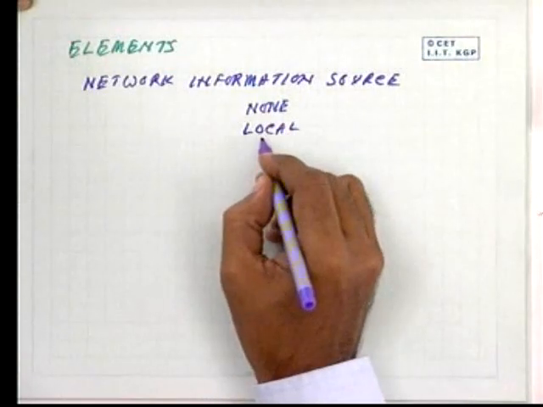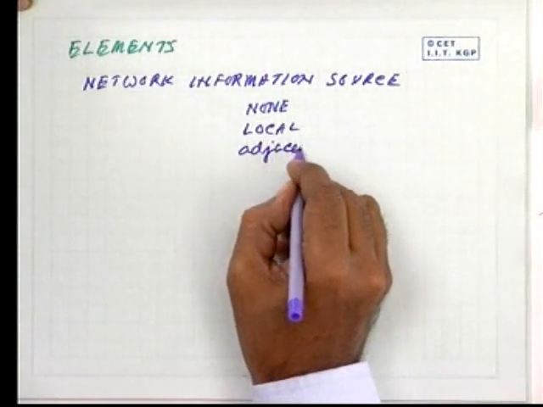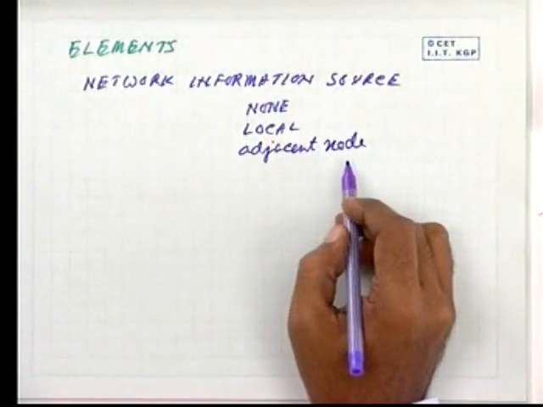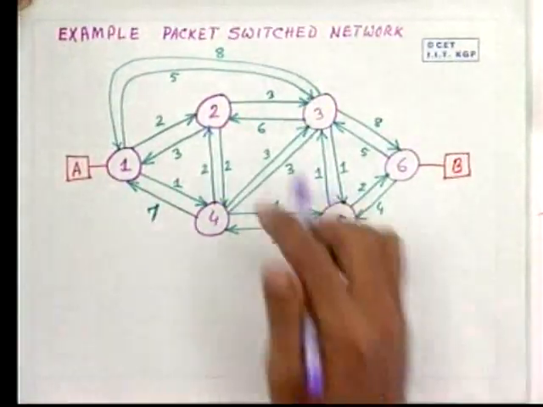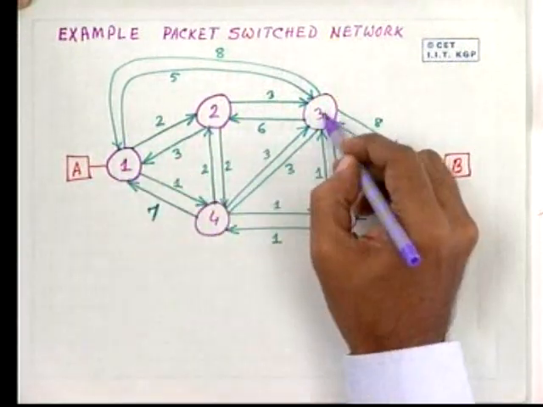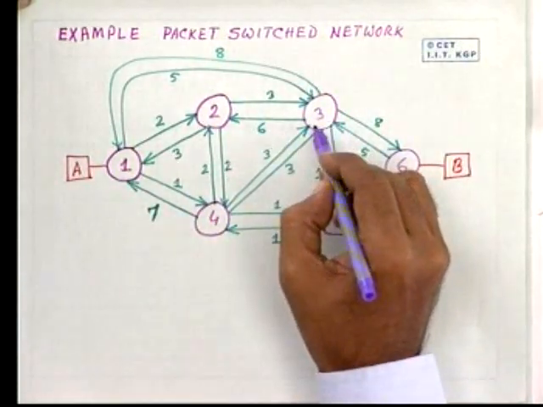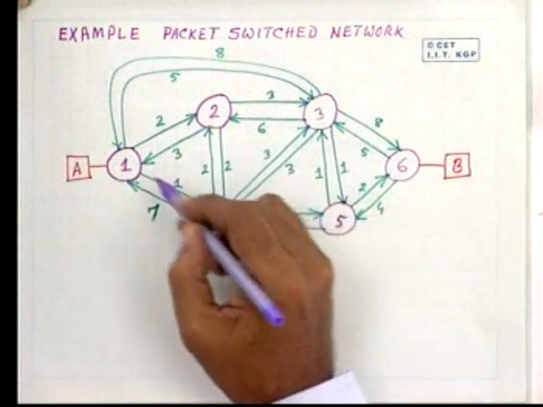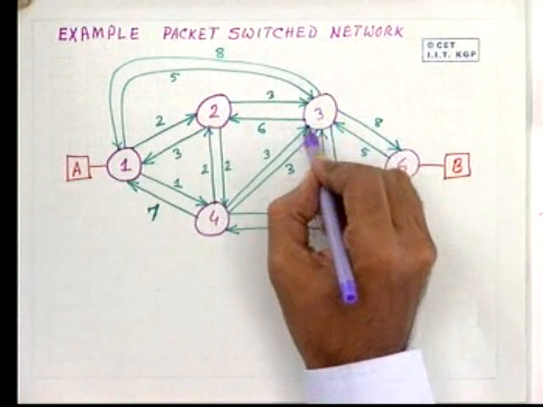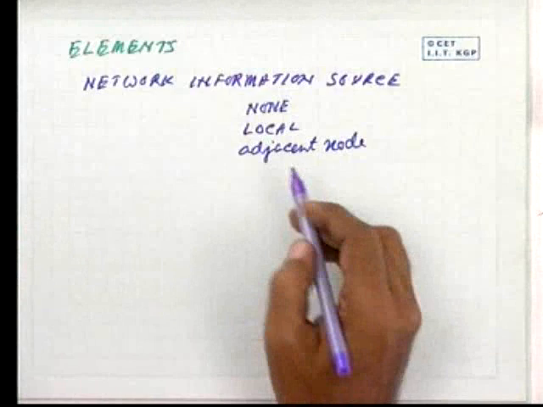Or it can be one of the adjacent nodes. What can happen, instead of based on links, this particular node can gather information from its neighbors, the adjacent nodes, to find out whether there is congestion in that part of the network in these nodes, or what is the queue length in each of these nodes, and based on that the decision can be taken.